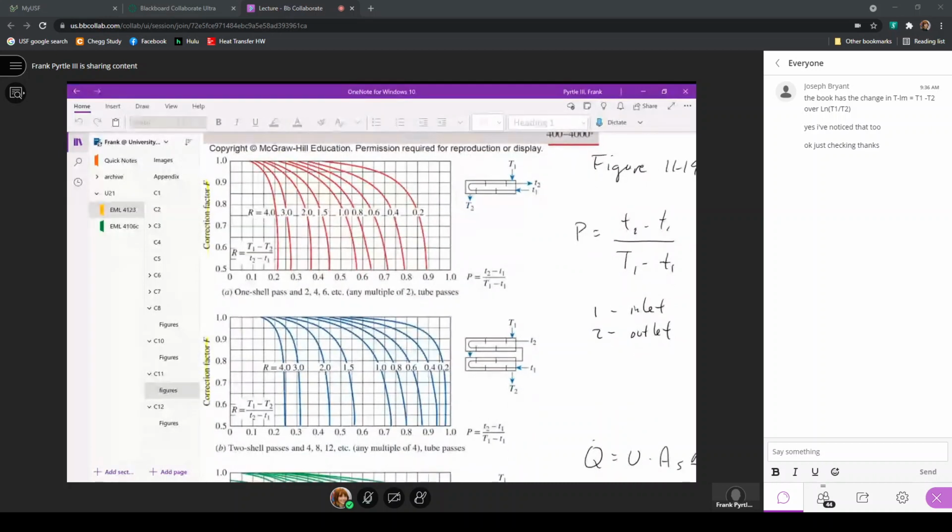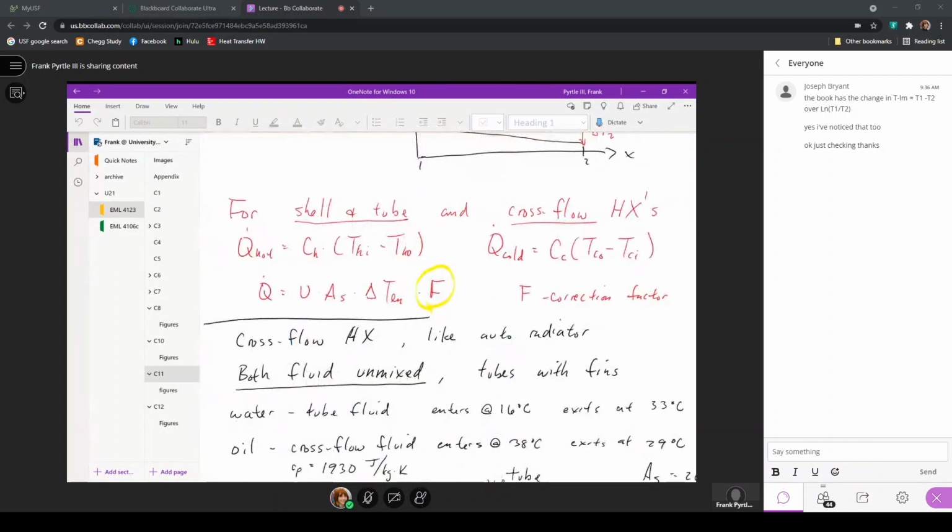Then we have to consider not only the flow arrangement, but the calculation of this capital R and capital P that are defined according to temperature differences between the hot and cold fluids that are flowing into and out of the heat exchanger. So we take that correction factor that is on the y-axis here, and we'll assess that value for the conditions that exist for that particular heat exchanger in order to then calculate that heat transfer rate that exists between the two fluids.